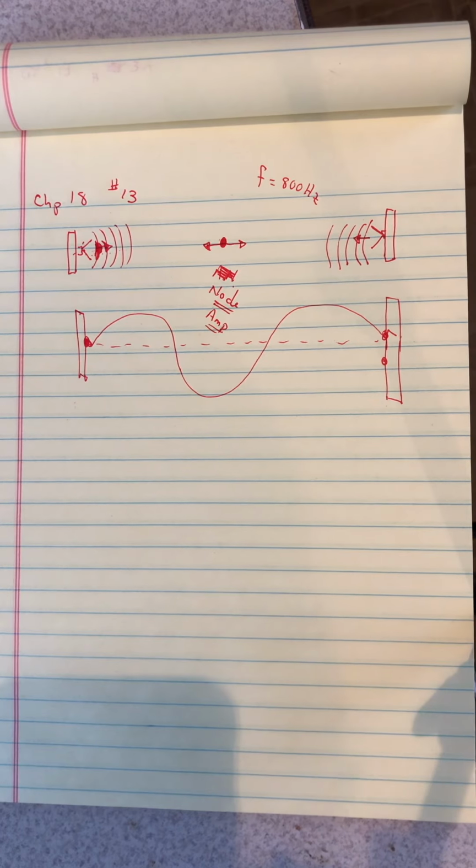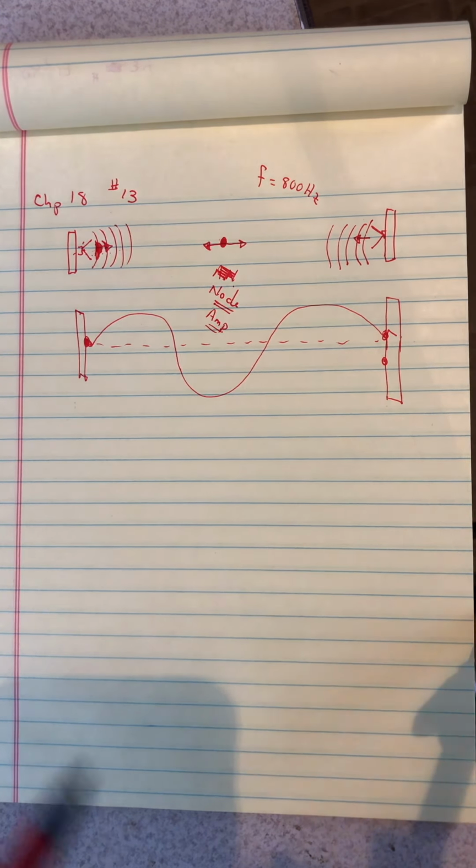But the second piece is, for sound waves, we can label our sound waves as either amplitude waves or as pressure waves. And if you read this, it was very clear. It says the two speakers' relative minimum, so they say minimum, so we're looking for nodes, of the pressure amplitude, not the amplitude.